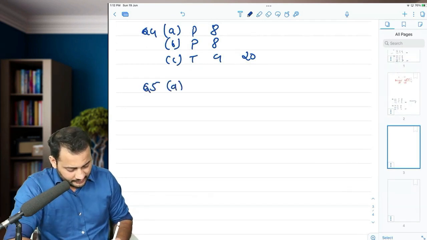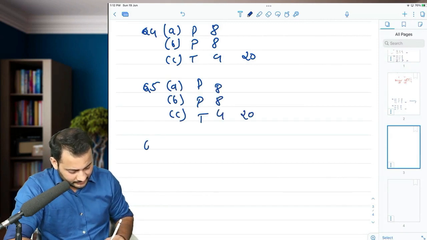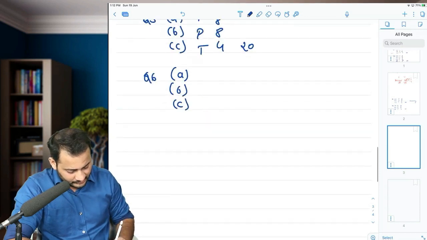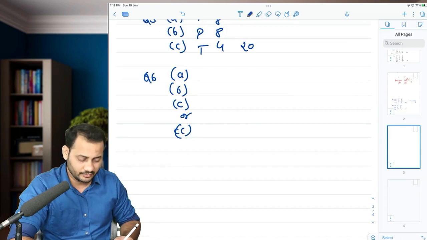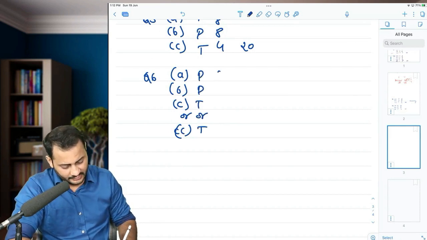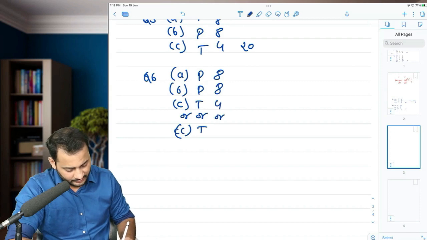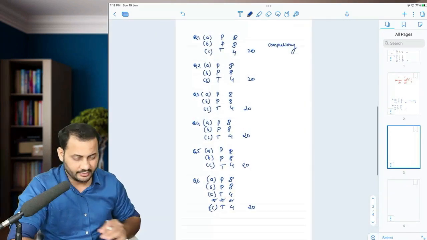Question number 5, A, B, C, practical, practical, theory, 8, 8, 4, 20 marks. And question number 6, A, B, C or C. There are 2 C sub questions, theory or theory, 8, 8, 4 or 4, total again 20 marks. So this is the paper pattern.